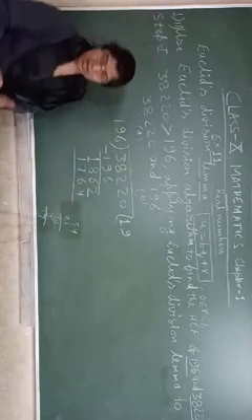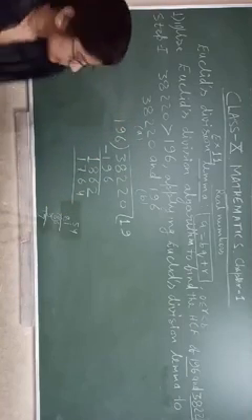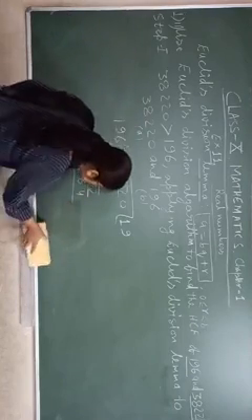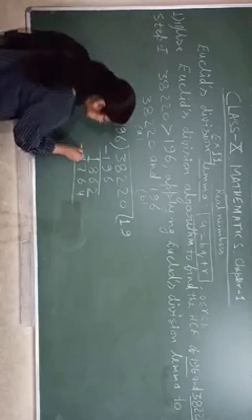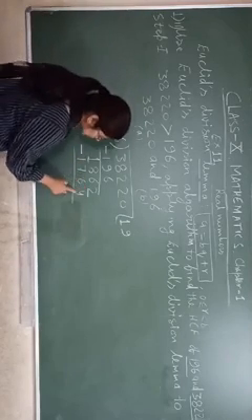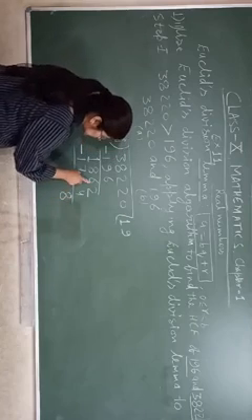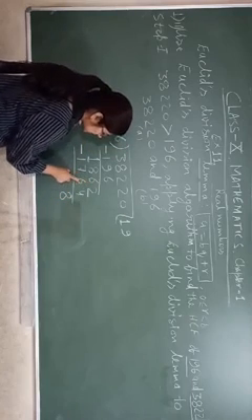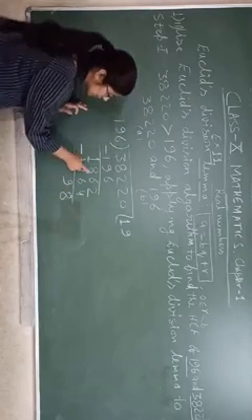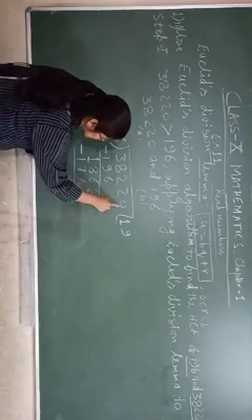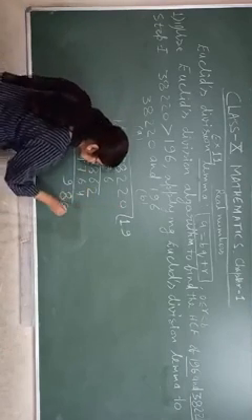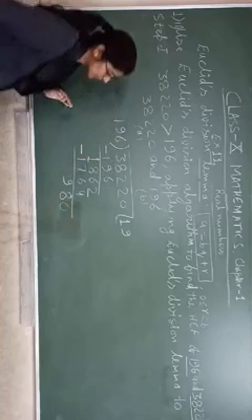So this one becomes 1764. Again do subtraction: 12 minus 4 is 8 here, 15 minus 6 is 9, and here 7 minus 7 is 0. 98 is coming. So you have one more digit, 0, and you will write it here.